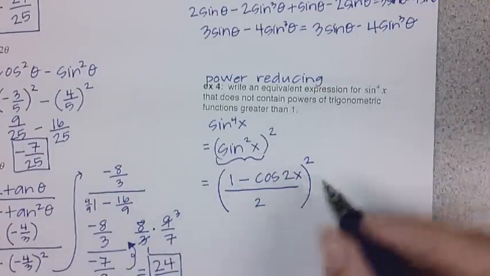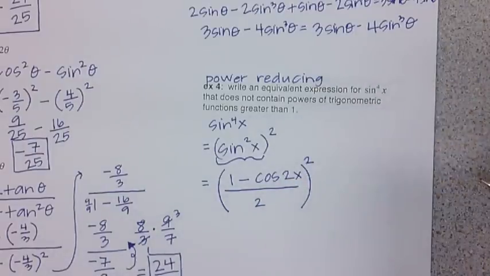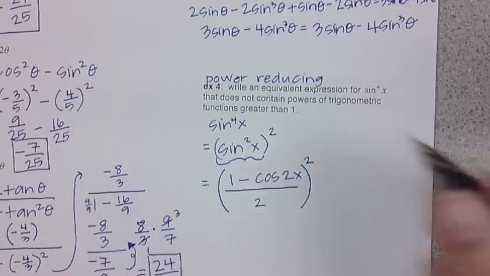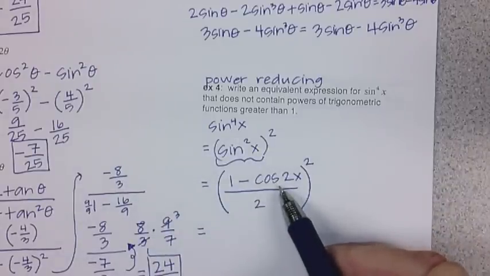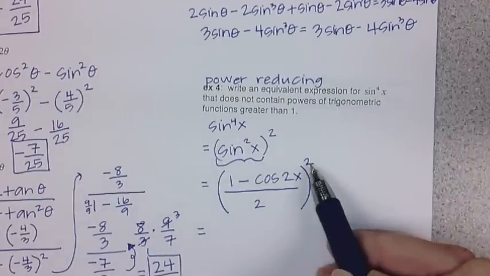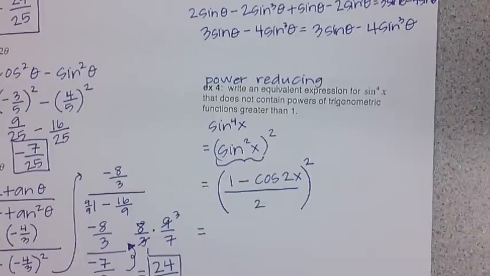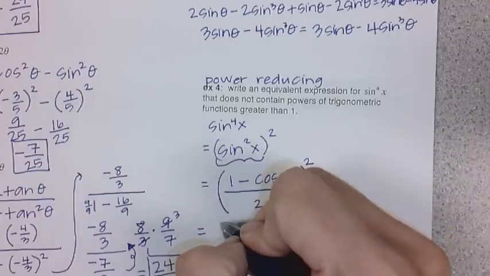So this again was our power reducing formula for sine. So the next thing that we are going to do is we are going to actually need to FOIL this, because if I multiply this out, then cosine will still have a power of degree 2 instead of degree 1. So that's what you're going to see me do right now, is I'm going to FOIL this.